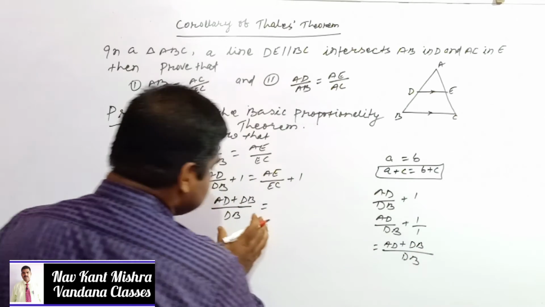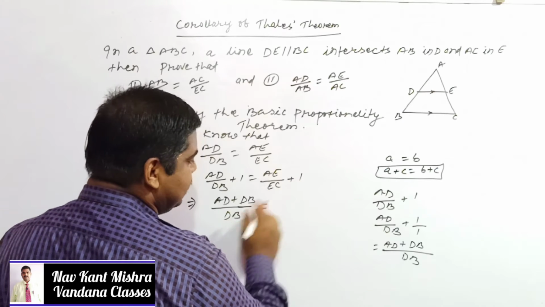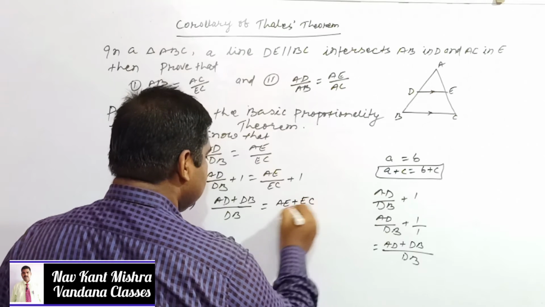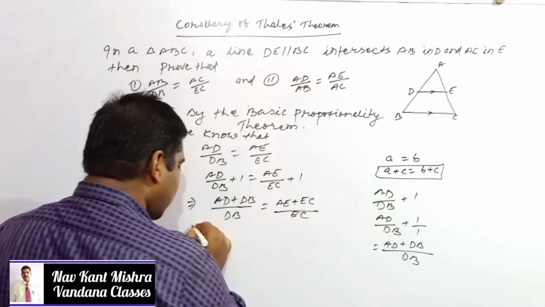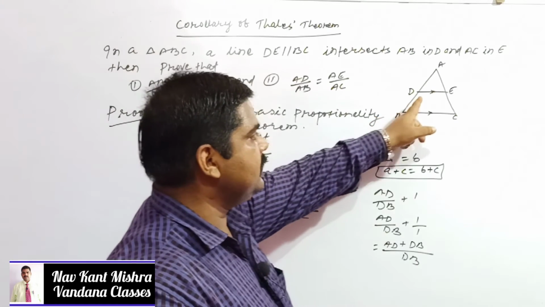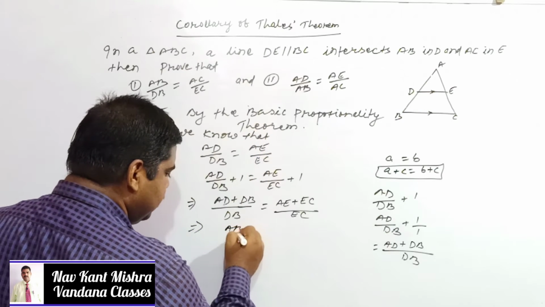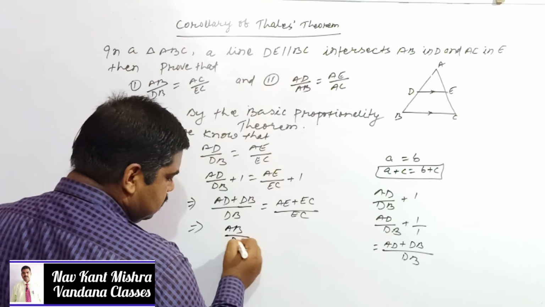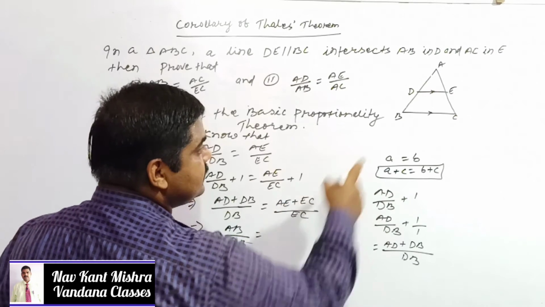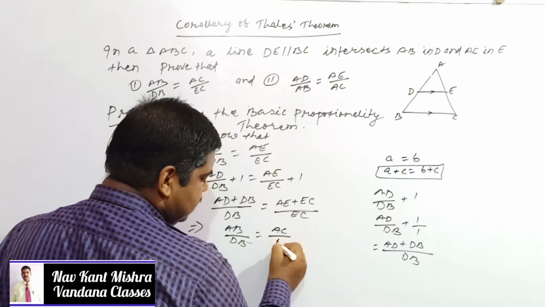So you write this on the LHS. And what is on the RHS? Similarly, you can write AE plus EC upon EC. According to this figure, AD plus DB is equal to AB, so AB upon DB is equal to AE plus EC, that is AC upon EC.